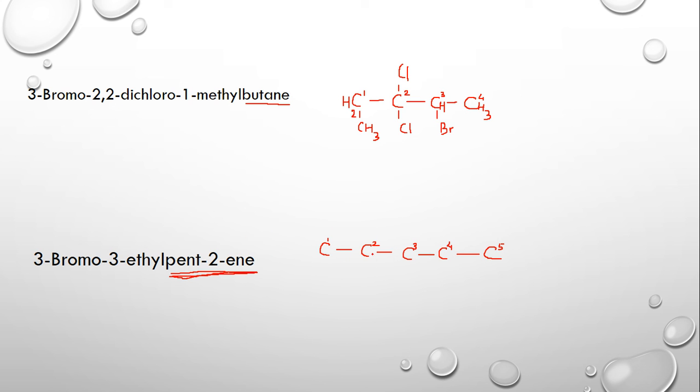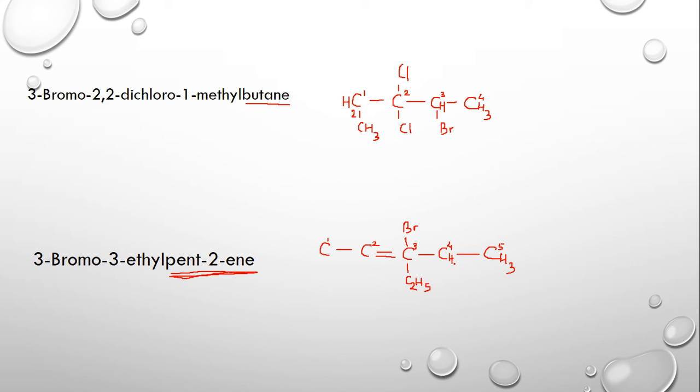Double bond between the second and third carbon atom. Now on the third carbon atom, the substituent is bromo, and you also have ethyl. Ethyl is C2H5. The rest is completed, satisfied with hydrogen atoms.